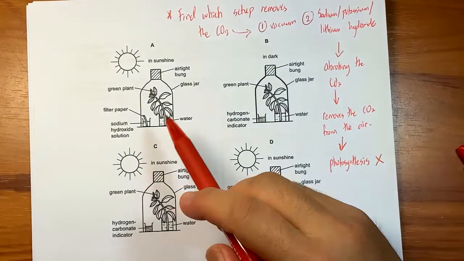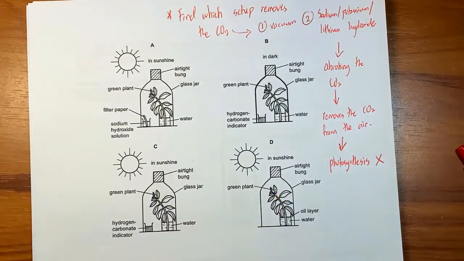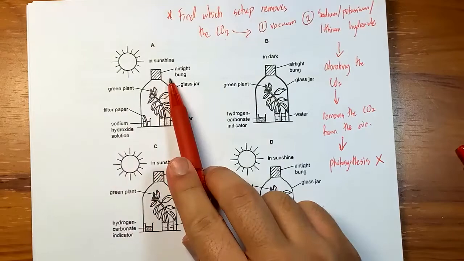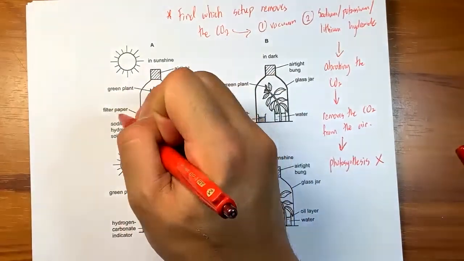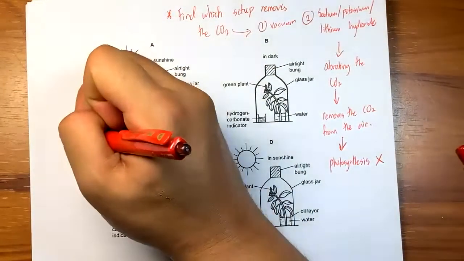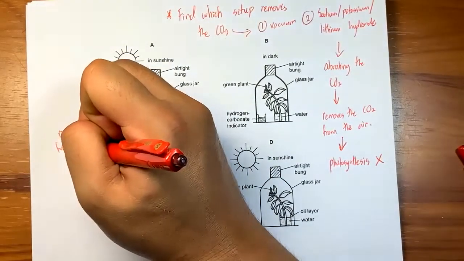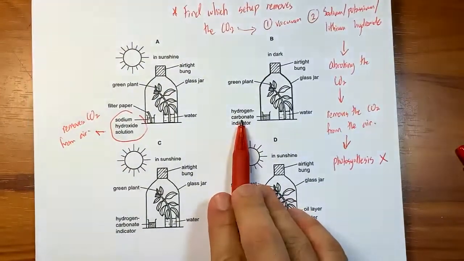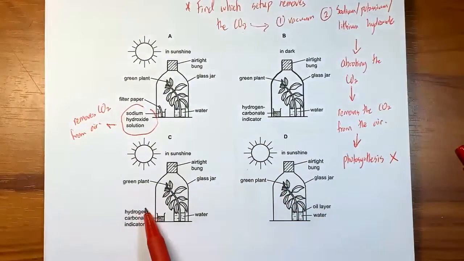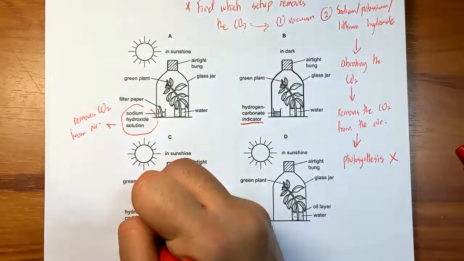So in this setup, which one removes carbon dioxide? The only setup which removes carbon dioxide is A, because it has sodium hydroxide solution. This sodium hydroxide removes CO2 from air. If you see here, hydrogen carbonate indicator is simply just an indicator.